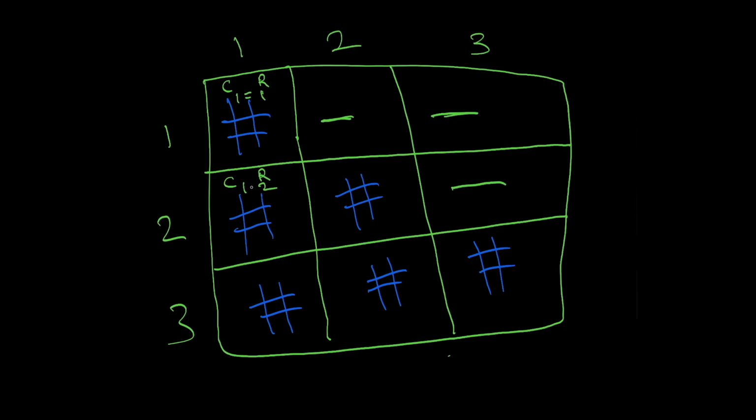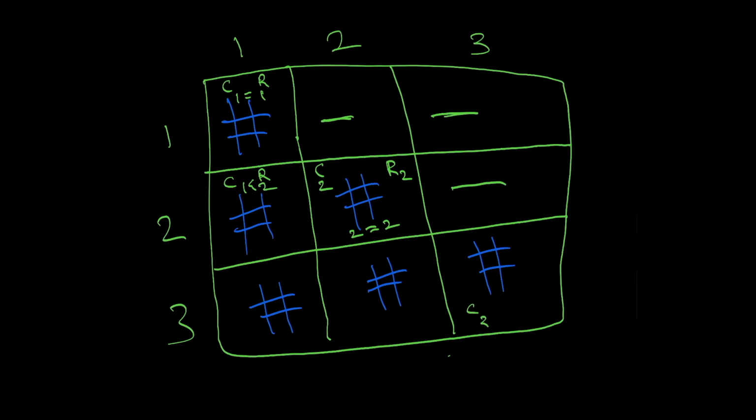Column 1 is less than 2. Let's see here. Column 2, row 2. We know that 2 is equal to 2, right? And let's see this one.